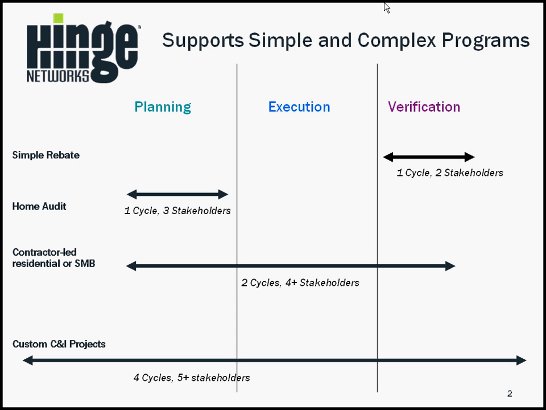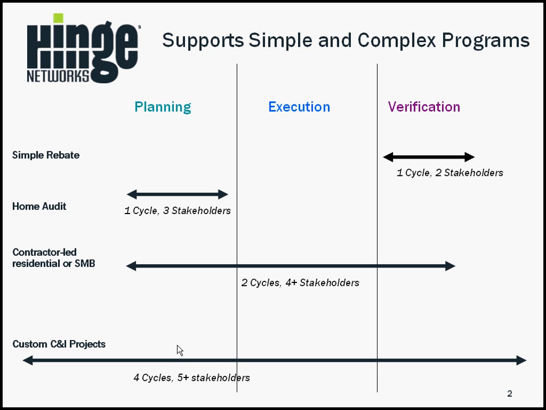So whether it's a simple rebate program where it's just about filling out a form and submitting an invoice, or it's a home audit, which is a little more complex in that you're scheduling a contractor, or contractor-led residential, small to mid-sized business, or even high-end custom C&I projects requiring many cycles of approval and stakeholders, including auditors, contractors, regulators, program managers, and inspectors, we have pre-built workflow objects and rule objects that enable us to configure programs in hours rather than requiring weeks or months of custom development and maintenance.